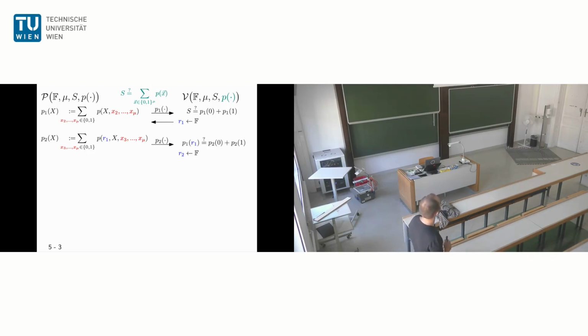Now the prover does almost the same as before, but now he fixes the first variable with the random value he obtained. He keeps the second variable free and sums over the remaining variables. So here again he does half as many summations as before.